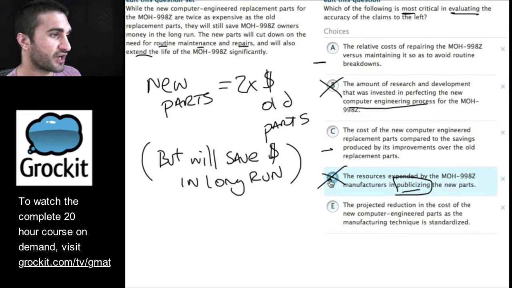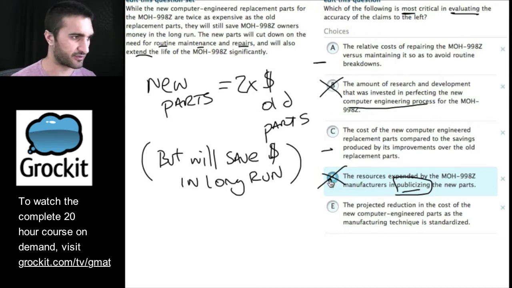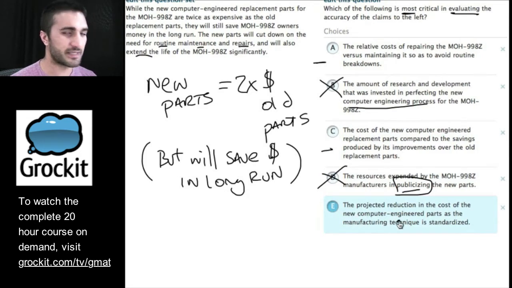The projected reduction in the cost of the new computer engineered parts as the manufacturing technique is standardized. So this first part I'm liking. The projected reduction in the cost of the new computer engineered parts. Well, actually this seems like a bit of a mix-up. They don't talk about it; the new parts are twice as much.